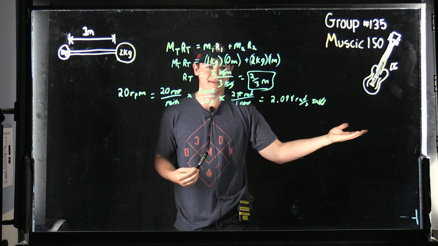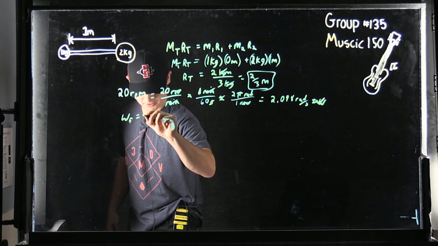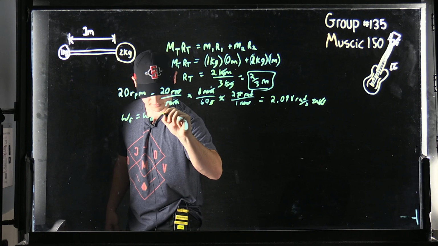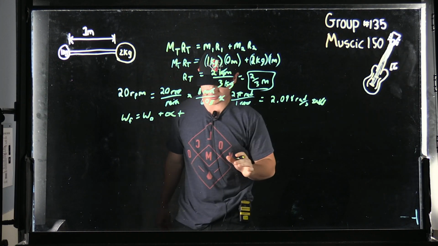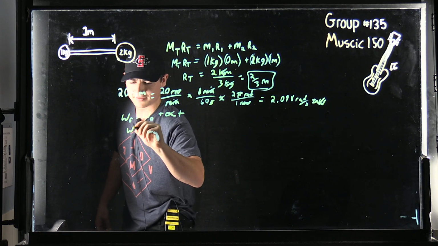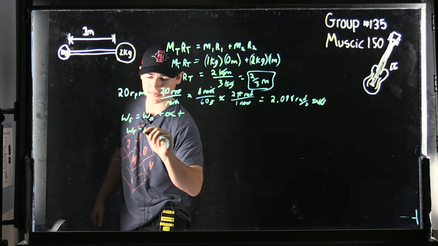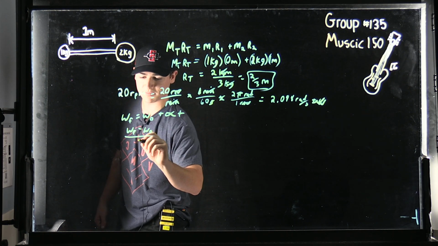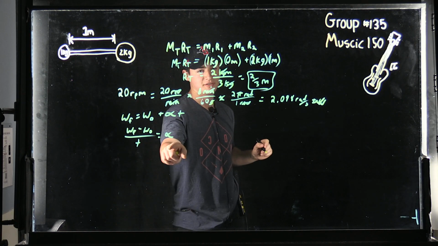Now, what are we going to do? We're going to use this equation. It's a very good equation. We use it all the time in physics, right? All the time in Music 150 also. It's going to be the angular velocity final minus the angular velocity initial, all divided by time, because we're trying to get angular acceleration.